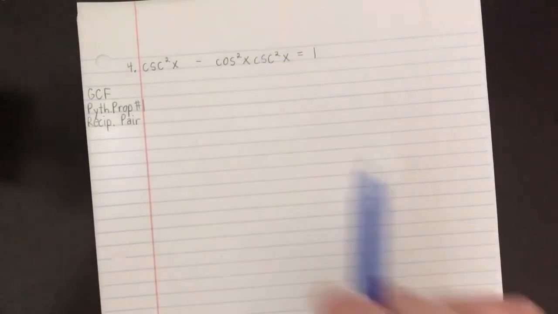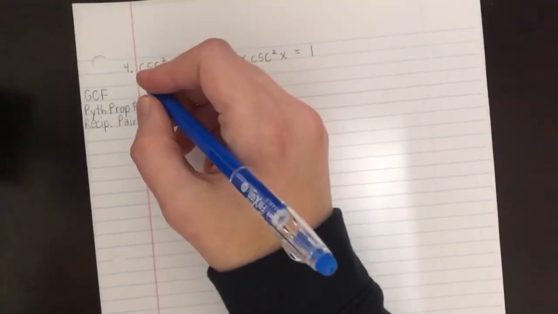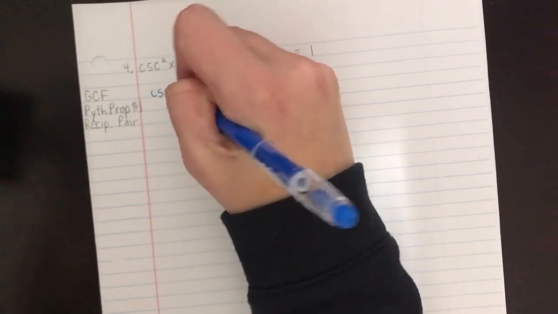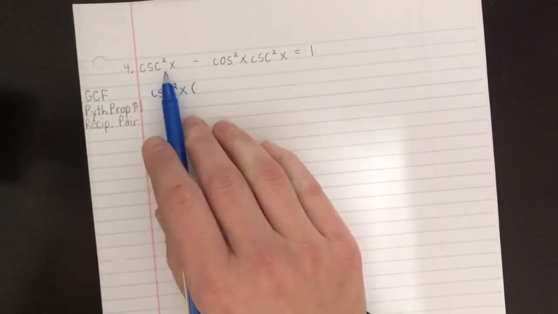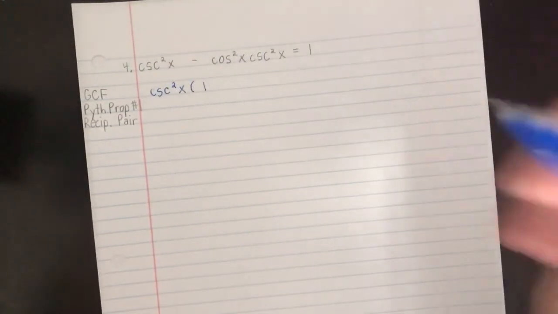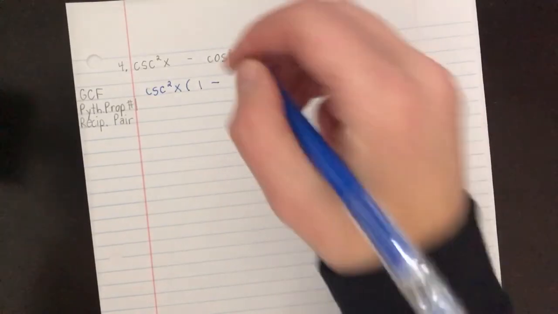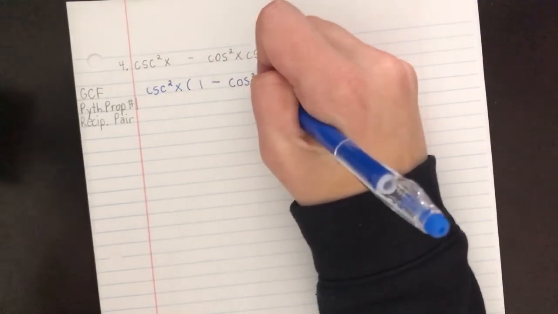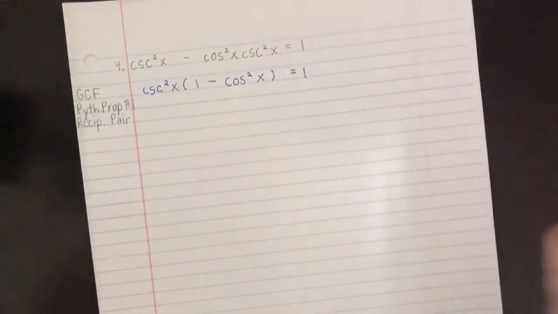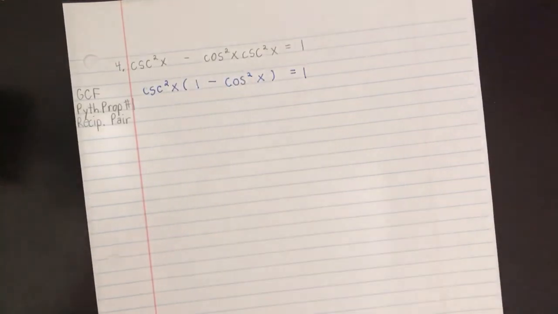Both of these terms have cosecant squared of x. So you're going to factor out your GCF of cosecant squared of x. If you factor out cosecant squared of x from this term, of course you're left with 1 minus, factor out cosecant squared of x from this term, cosine squared x. And that should equal 1. Now, of course, if you distribute back, you should notice it'll get you back to the original.